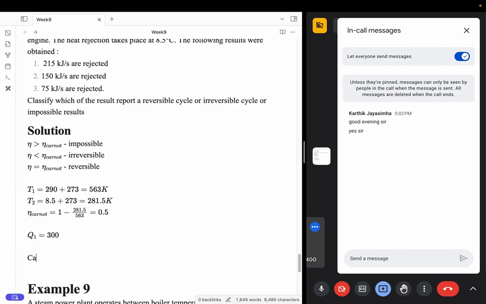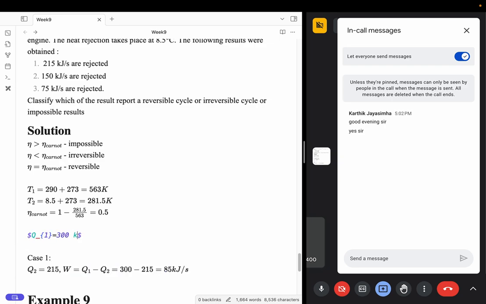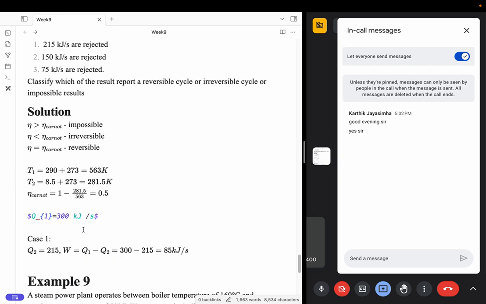We'll do it case by case. Case 1, Q2 is 215. So you have Q1. So what is the W? So W is around 85.